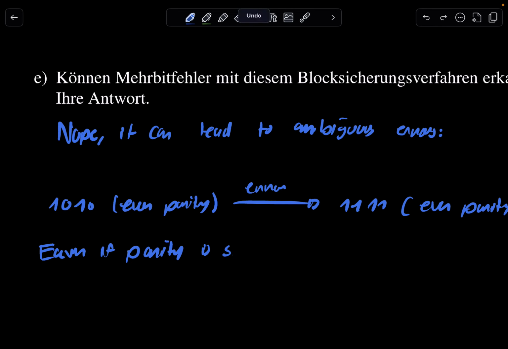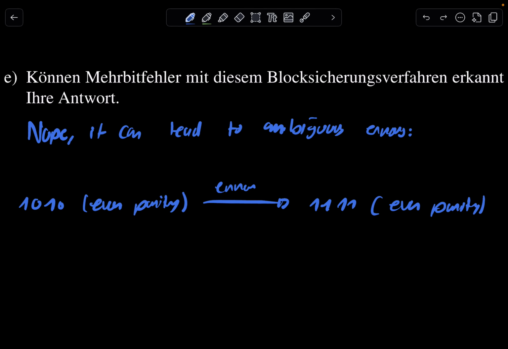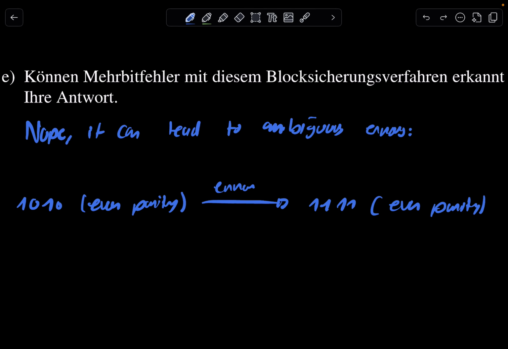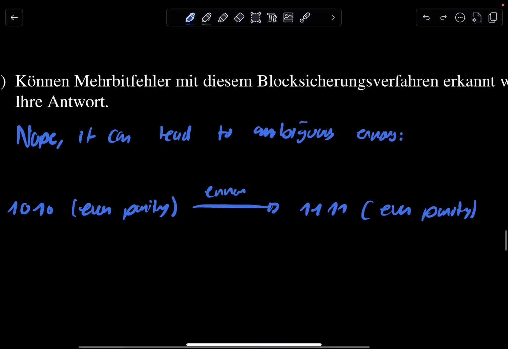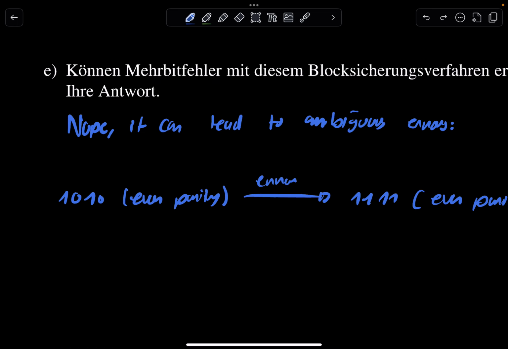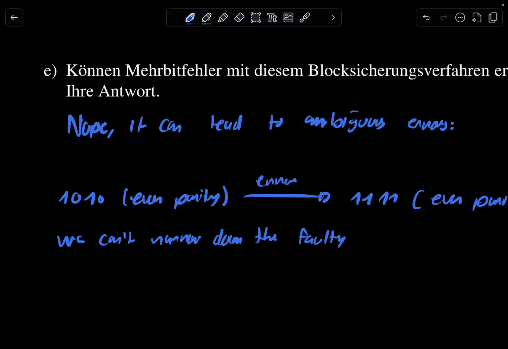In this case, even if we see that it's an even parity, we cannot know which column caused the issue. We can't narrow down the faulty column.